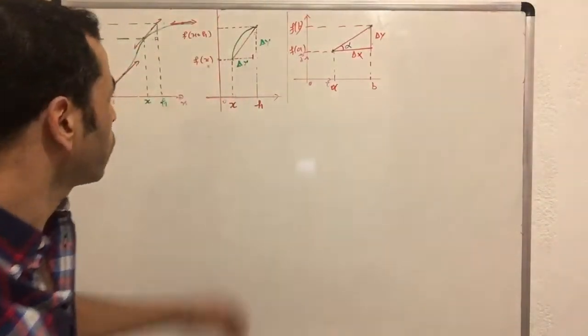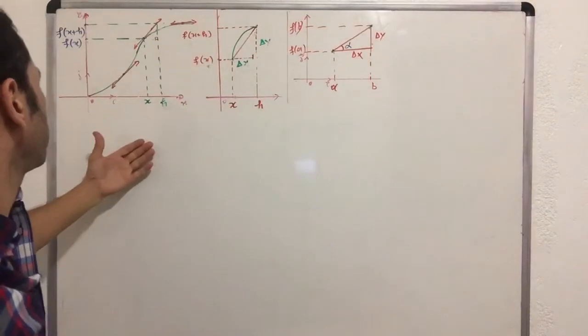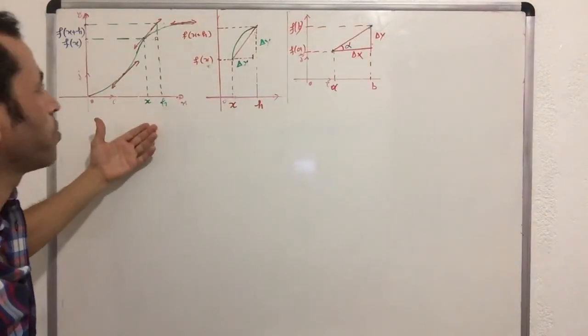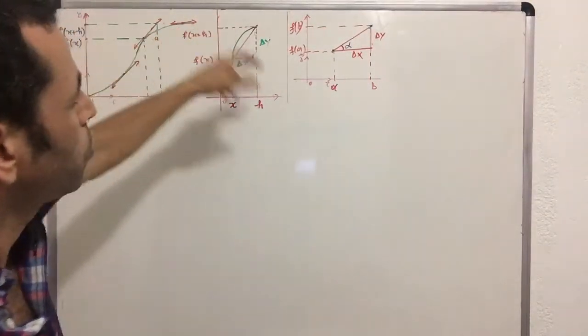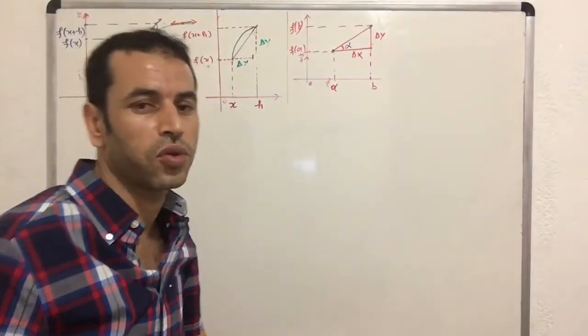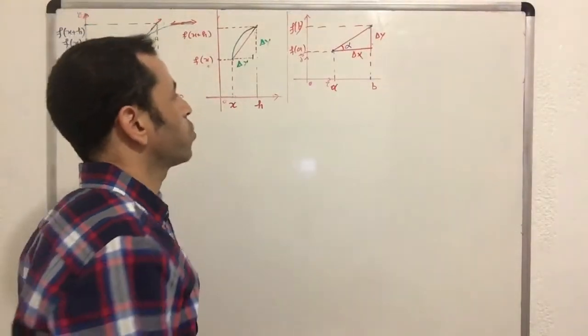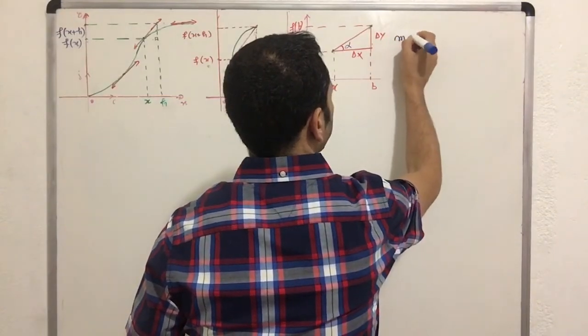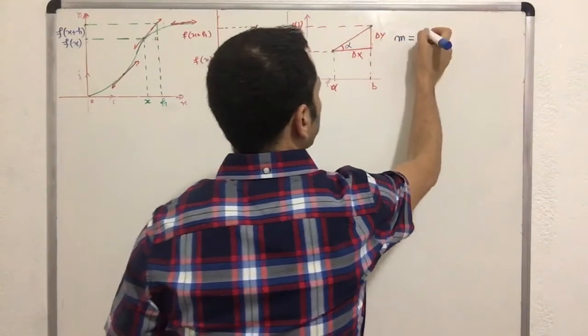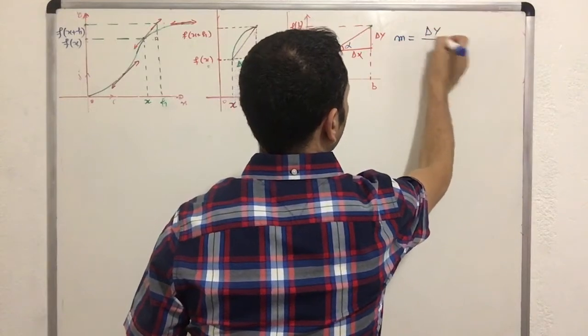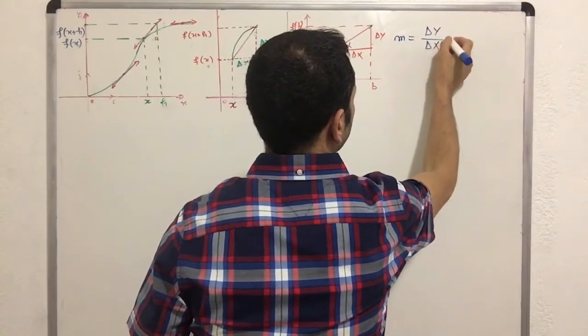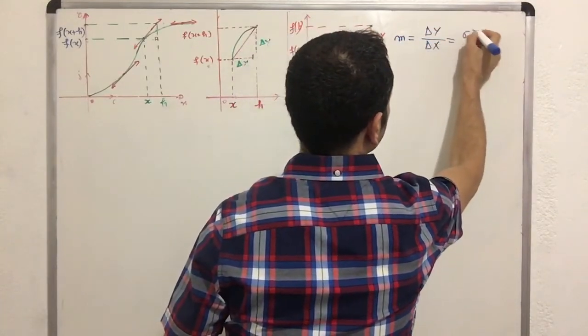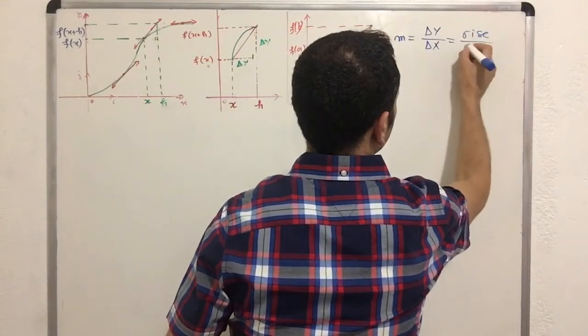Before we start calculating our derivative at a particular point, which is this one, we have to make a definition of slope first. What does slope mean? Slope is noted by m, equal to change in y over change in x, equal to rise over run.